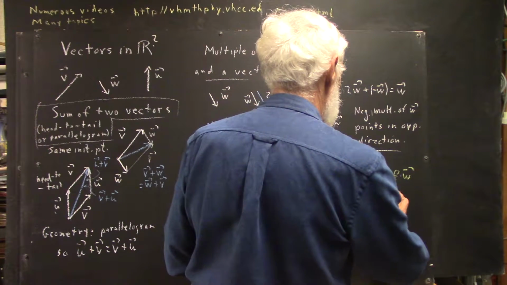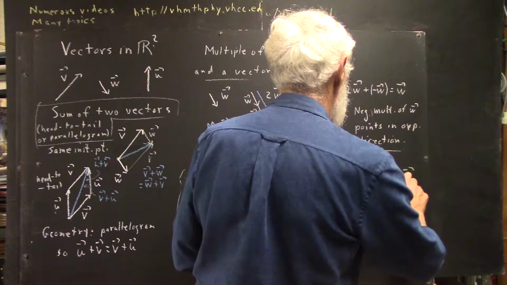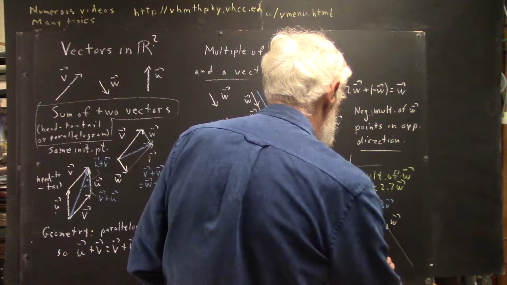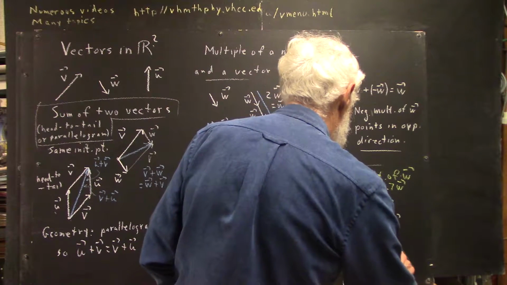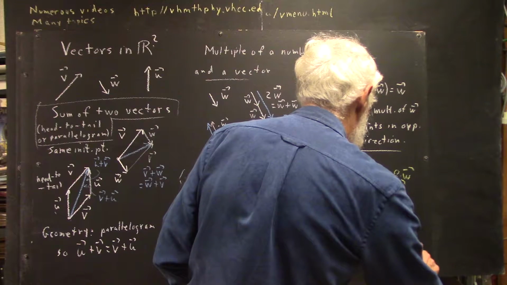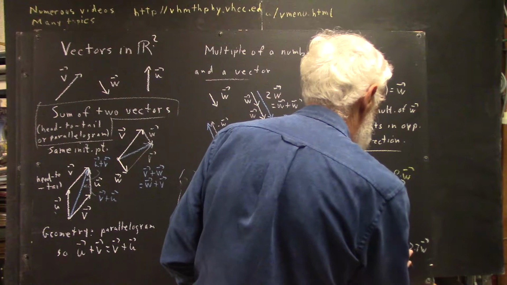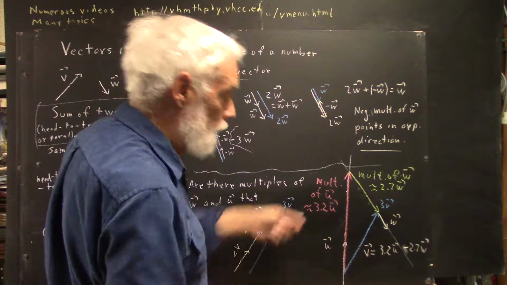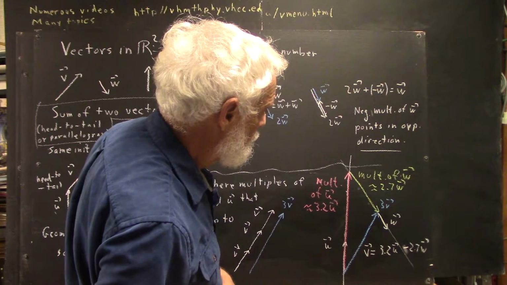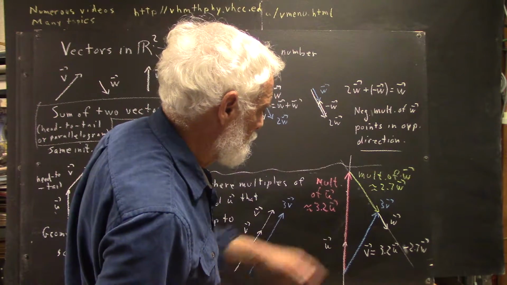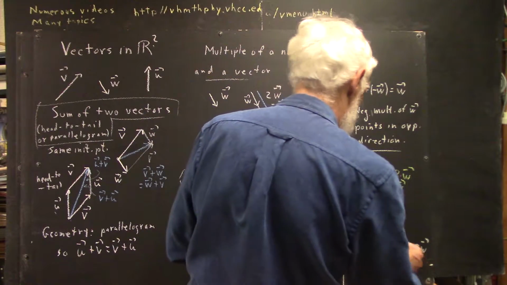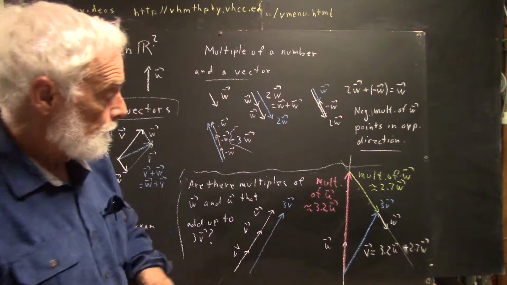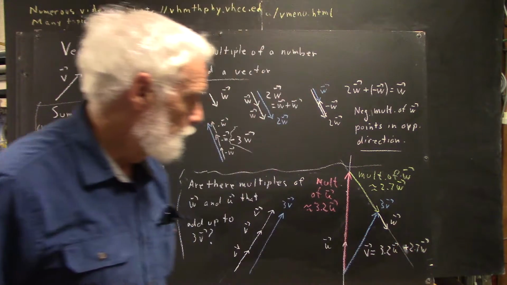I'd say about 2.7w. So 3v equals 3.2 times the u vector plus 2.7, and it's actually minus 2.7, isn't it? Now I don't know why I said minus. We have to go in the negative direction from here to here, but that's plus. From here to here is plus. Okay, that is the direction of w. Okay, sorry. So 3.2u plus 2.7w.